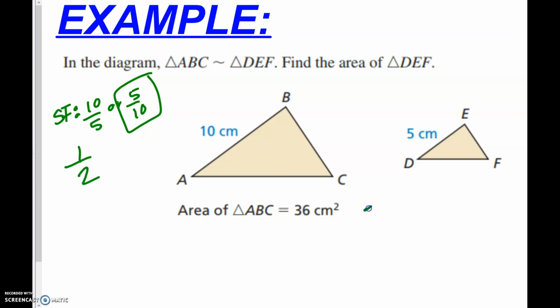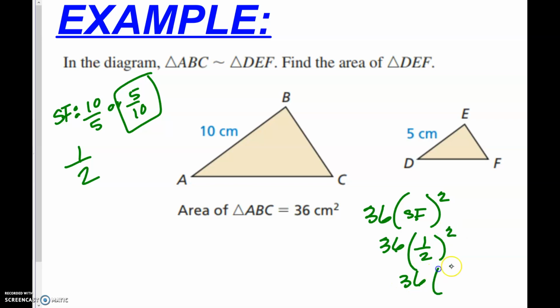So aren't we going to take 36 times the scale factor squared because we're talking about area? So 36, and we just found out that scale factor is 1/2 squared. So this is going to be 36 times 1/4. So this area is going to be 9 centimeters squared.